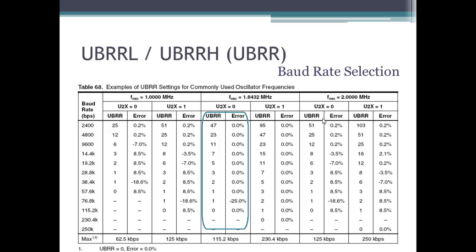Well, except for one all the way down at the bottom, which is because the divisor is getting so low at that point. That's the fastest you can run it at, really at 57.6K. But that's the reason this oscillation frequency has been chosen: it provides an even multiple for a specific baud rate.